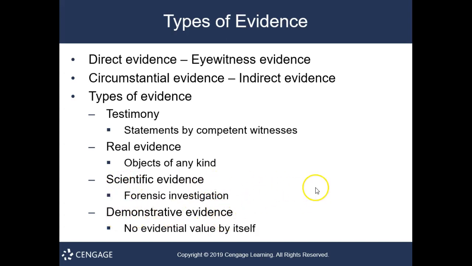There's also demonstrative evidence. This has no actual evidentiary value by itself. An example would be a dummy that we use that has bullet holes in it where they entered and where it exited the body, and then there's a rod put through the dummy showing the angle of the bullet's trajectory into the body.